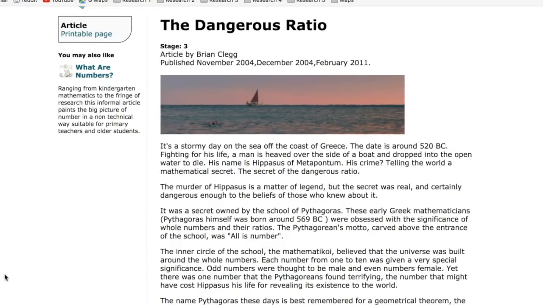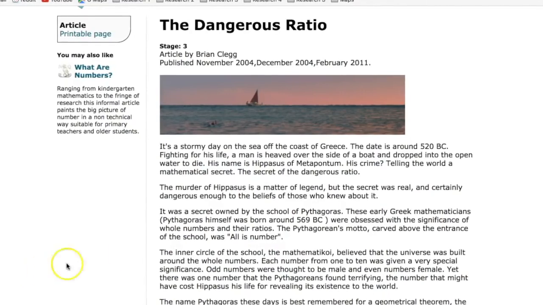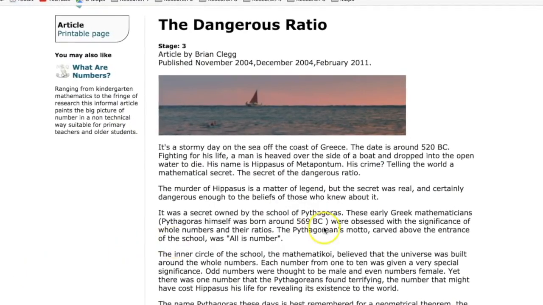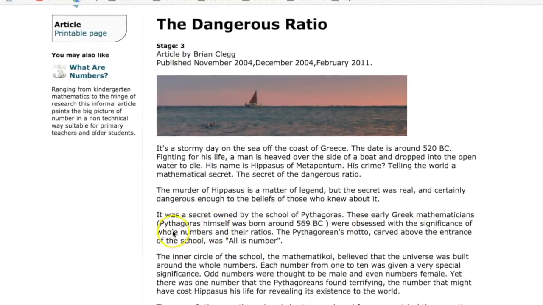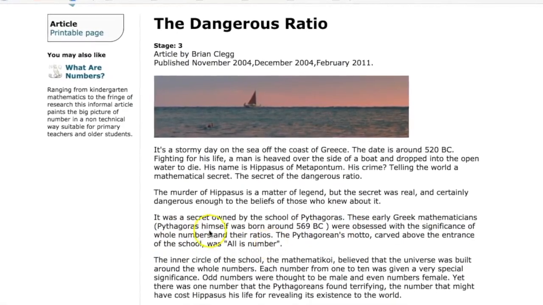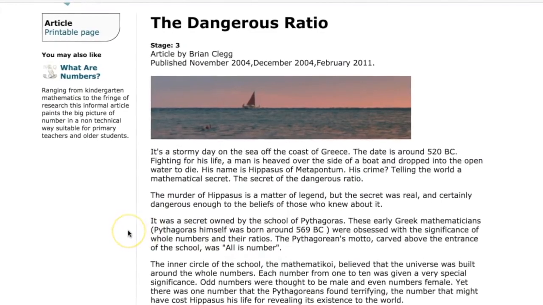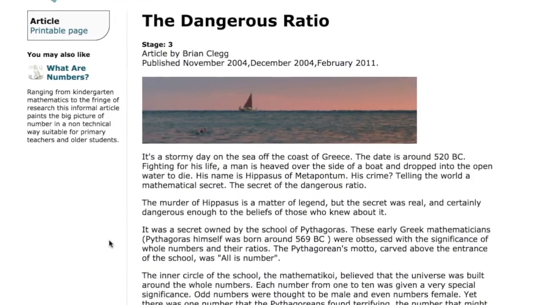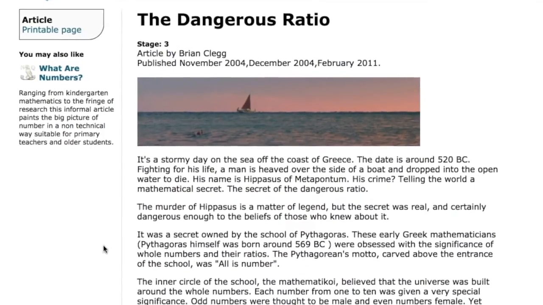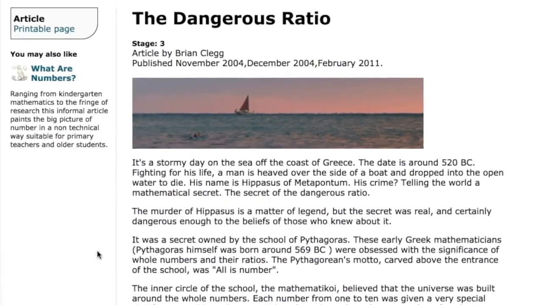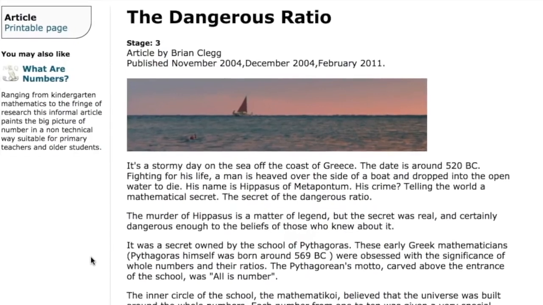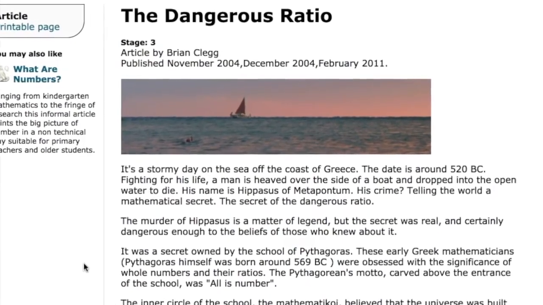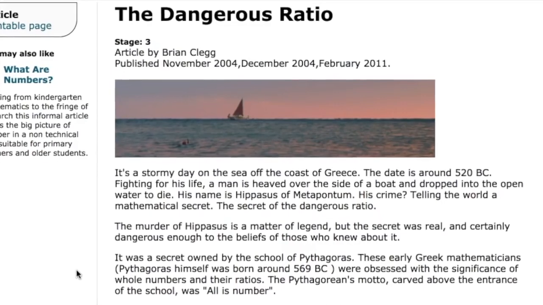It turned out that the school of Pythagoras, who thought that all was number and were obsessed with the significance of whole numbers and their ratios, they were correct. Rational numbers are the only real numbers. Now, I'm not talking about the real, like the Wikipedia definition. I'm talking about real as in buildable or constructible, something that you can actually use.